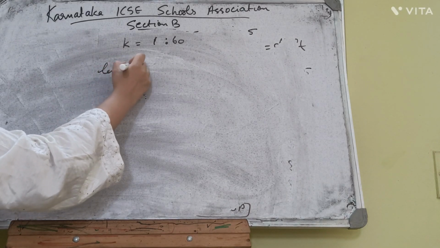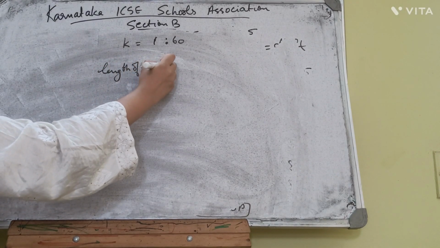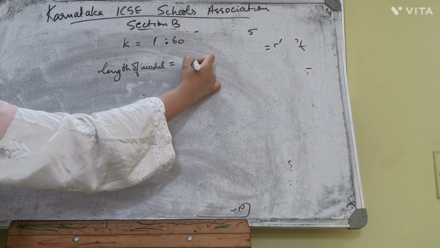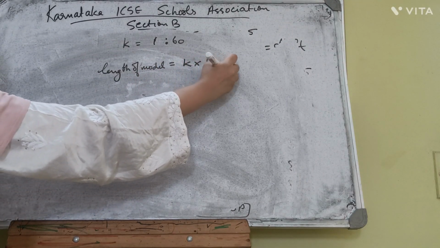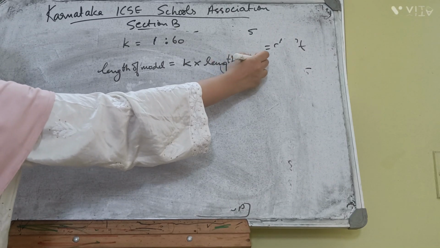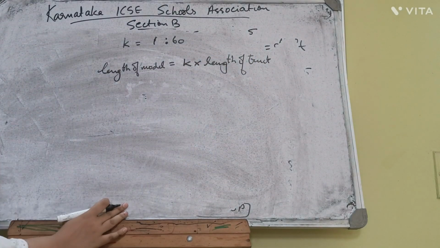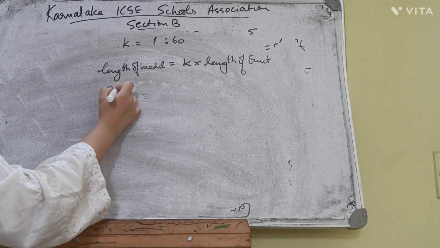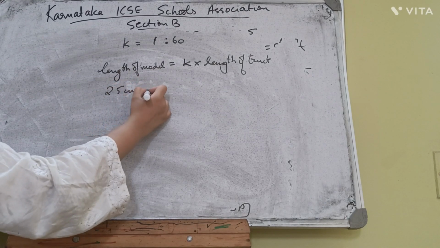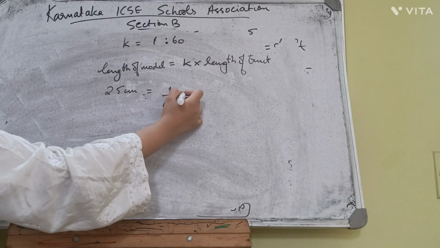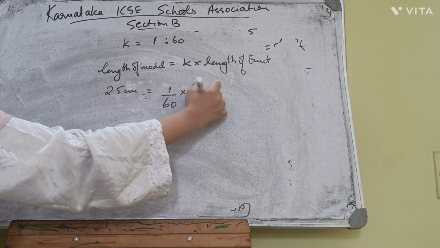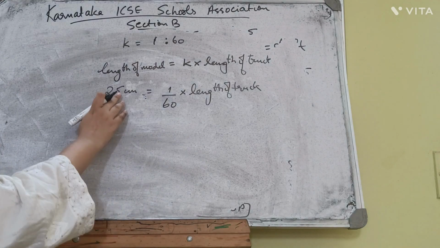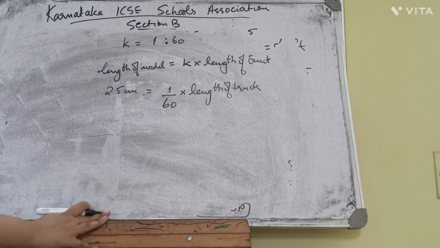So what formula do we use? Length of model is equal to K into length of truck. So the question says to calculate the length of the truck, where length of the model is 25 centimeter. K we know is 1/60 into length of truck.